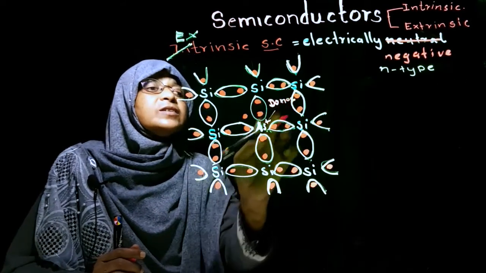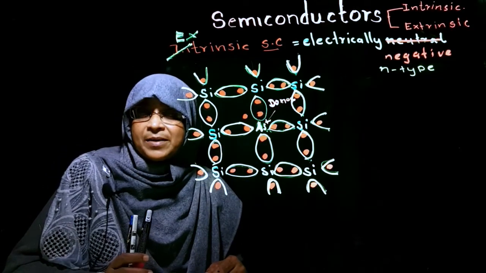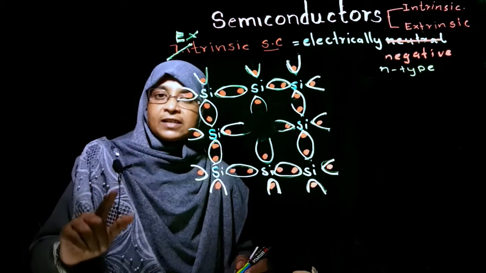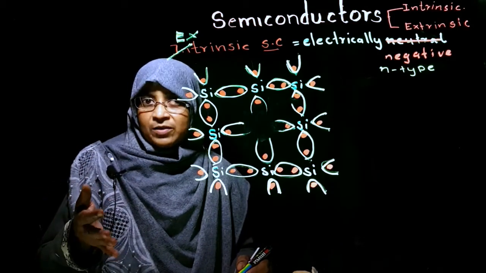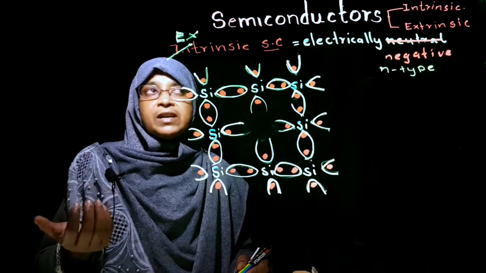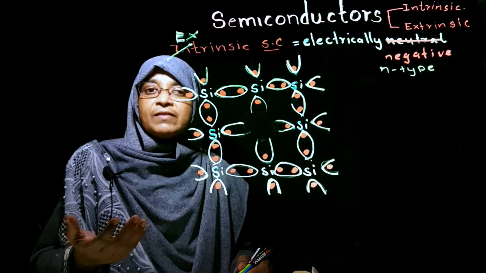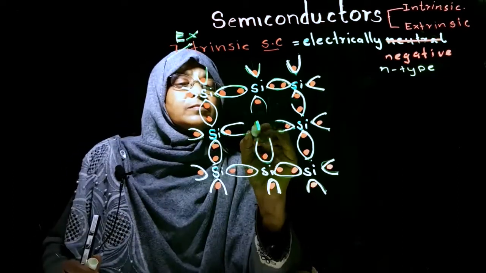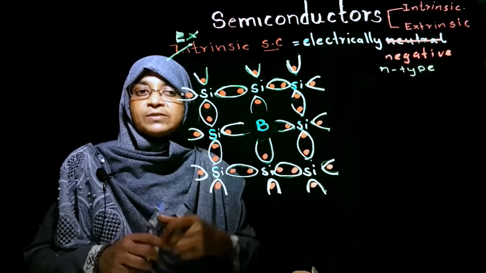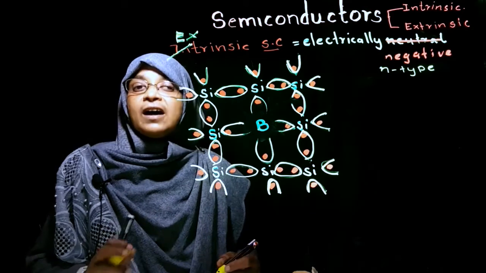This is a donor atom. Okay, next let's see the P-type. An intrinsic semiconductor is mixed with a group 3 element. We can use boron, aluminium, gallium or indium to mix with. Now we can see the example of mixing boron and what happens here. We know boron is group 3, so there are 3 electrons in the outermost shell.